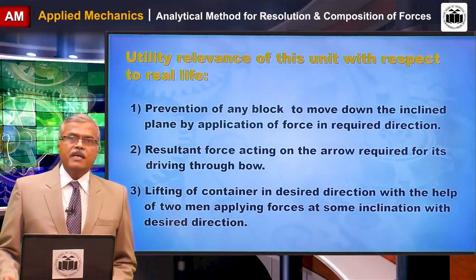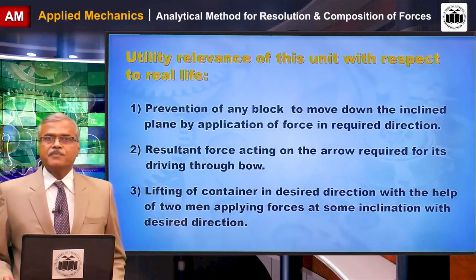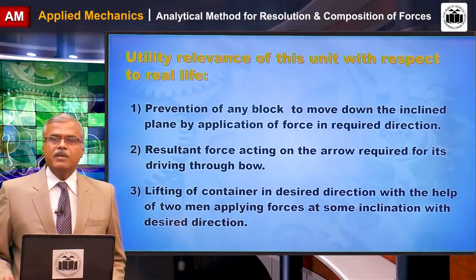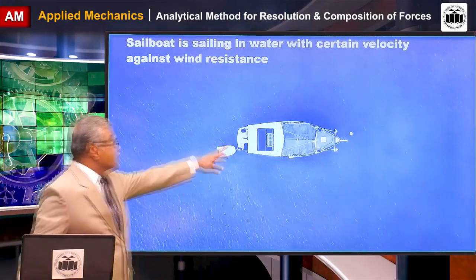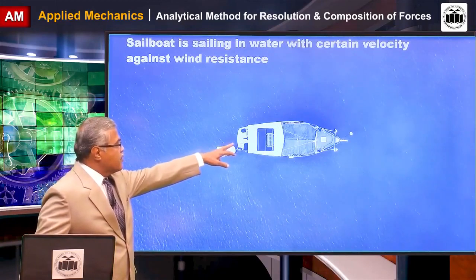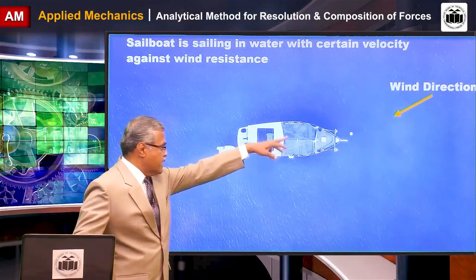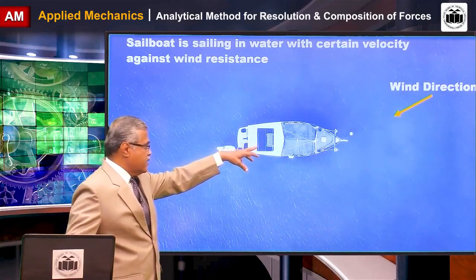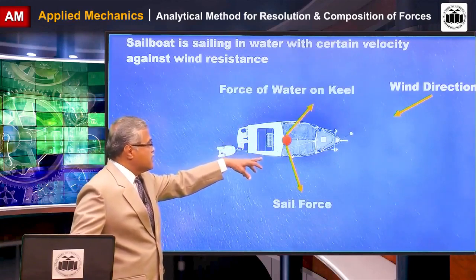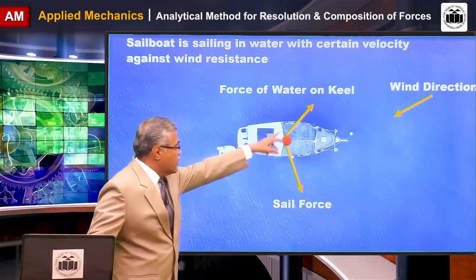Now we can have more understanding of resolution and composition of forces through one graphical example, the image of a sailboat and how it moves. It moves with the direction of the wind. The wind is acting in this particular direction, and on this sailboat different forces act because of this. These forces are, one, the sail force, which is acting like this, and another, the force of water on the keel.